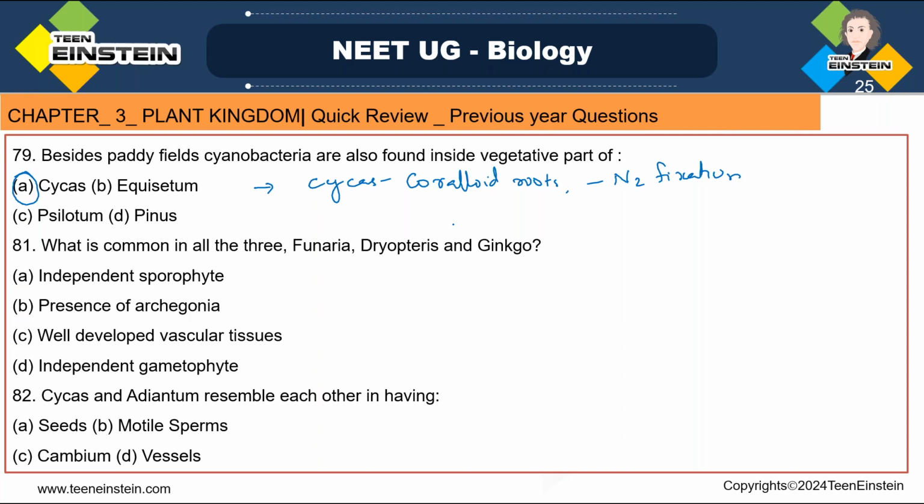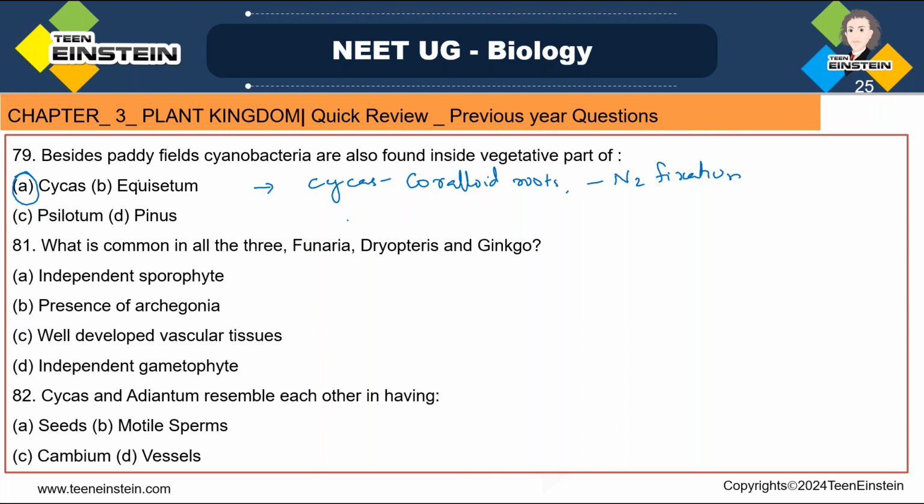These coralloid roots lie near the soil surface, and are irregular and dichotomously branched. Root hair and root cap are absent in these roots, right?